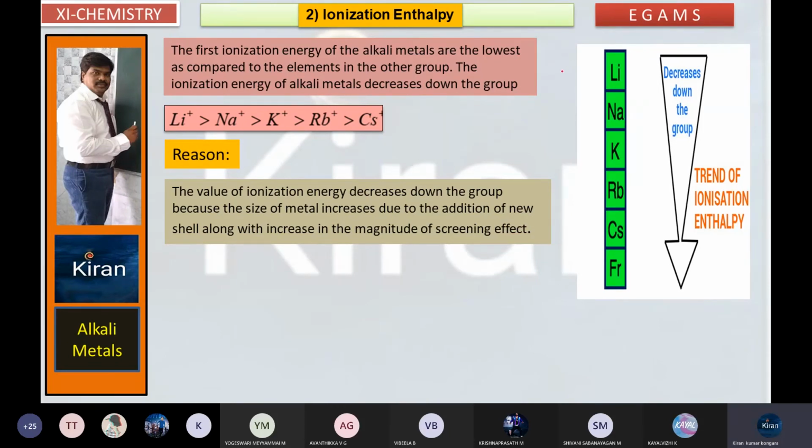The lithium atom has only two shells because it is 2s1, the sodium atom has three shells, and the potassium atom has four shells. It means from top to bottom, an extra shell is added, hence the atomic size increases and ionization potential decreases. Effective nuclear charge is less on this electron.